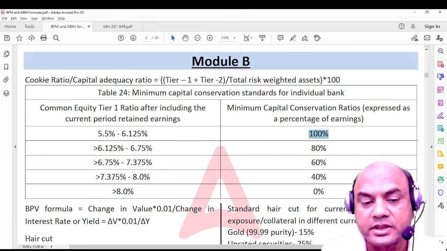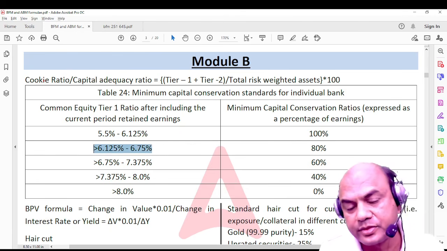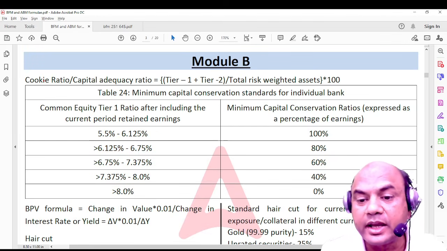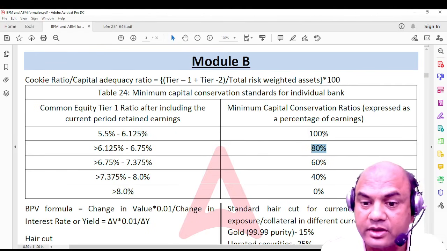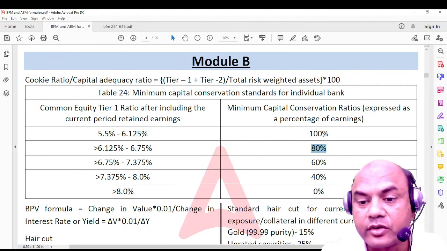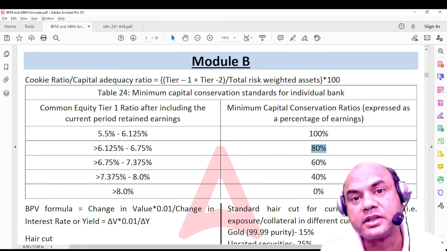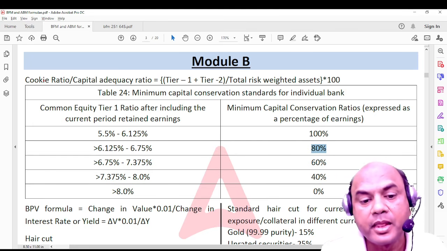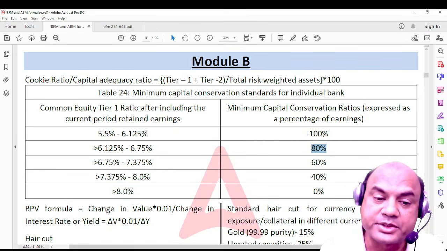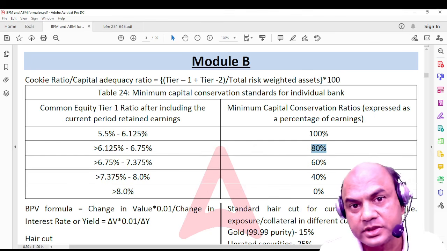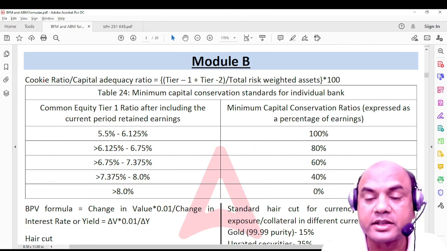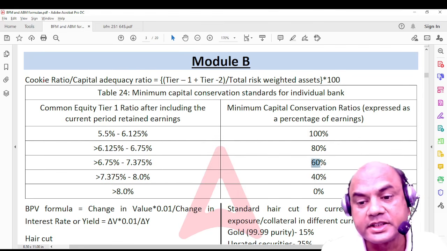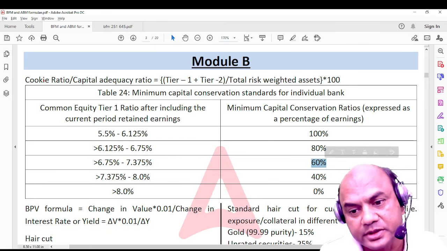If your CET1 is 6.125 to 6.75, then you have to maintain 80% of 2.5%. Understand this, 80% of 2.5%. That much you will have to maintain. If your CET1 is 6.75% to 7.375%, you will have to maintain CCB as 60% of 2.5%.